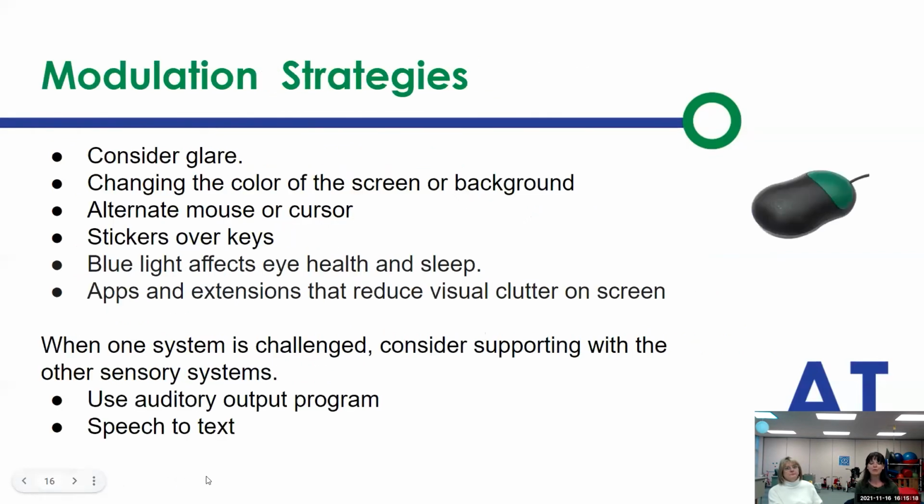So now we're going to talk about the strategies for modulation. And the first thing I really need to talk about is glare. One of the things that I always give my students is choice. When we walk into my therapy room, the first thing I ask them is lights on or lights off. It's always their choice because I need to respect what their visual system is telling me.